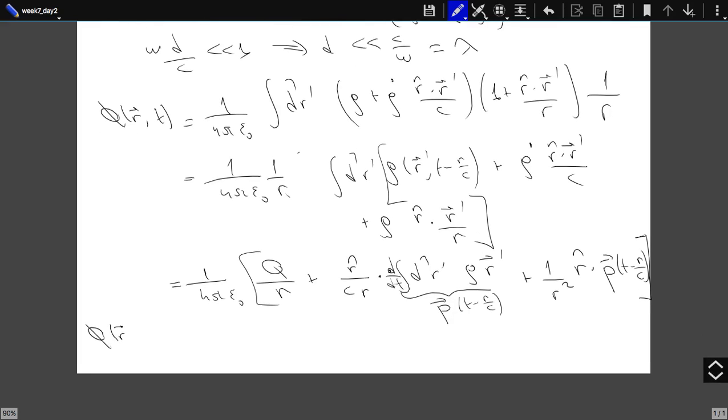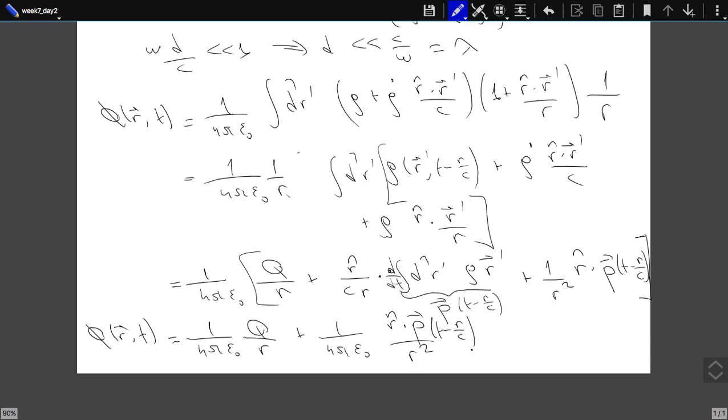Let me just rewrite them. 1 over 4 pi epsilon 0 q over r. This is the monopole term of the potential. Then I have the dipole term plus 1 over 4 pi epsilon 0 r hat dot p divided by r squared. This is just the dipole term. Again, keep in mind that this is at the time t minus r over c.